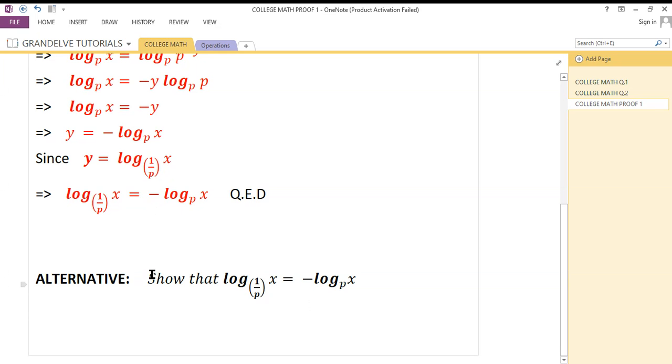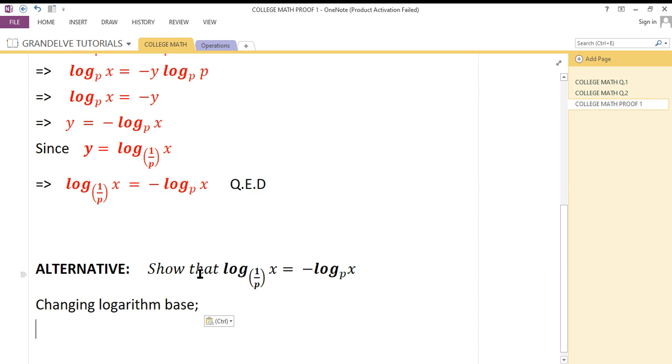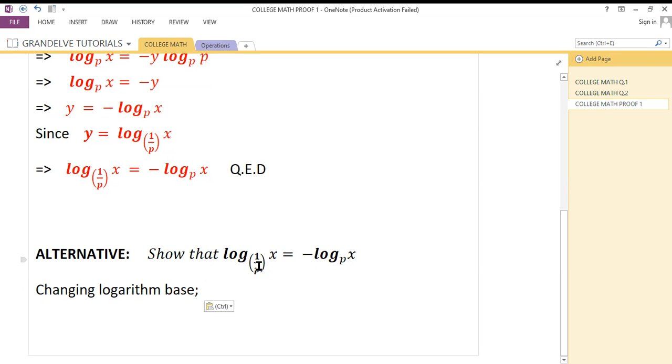So let's look at an alternative where we show that log s base 1 over p is the same as negative log s base p. In doing that, the only thing we need to do is to know how to change base of a logarithm. For instance, in the expression of the logarithm given to us here, we can see that the base is 1 over p.